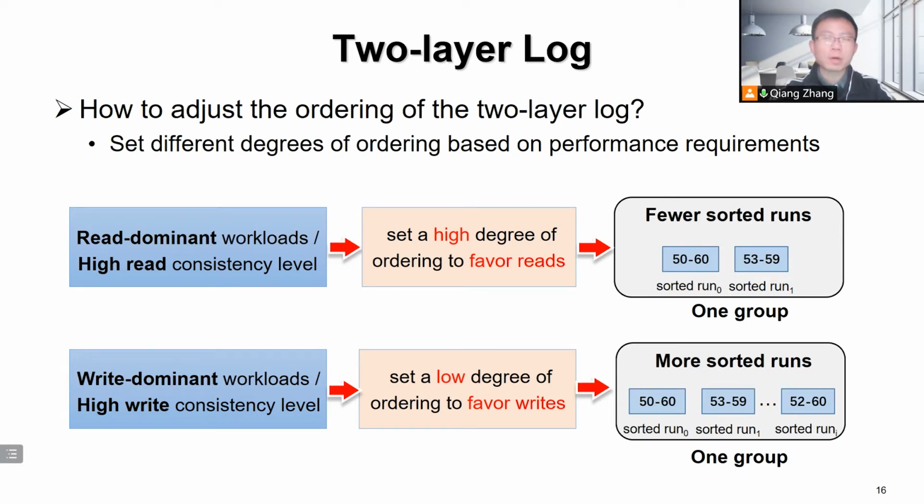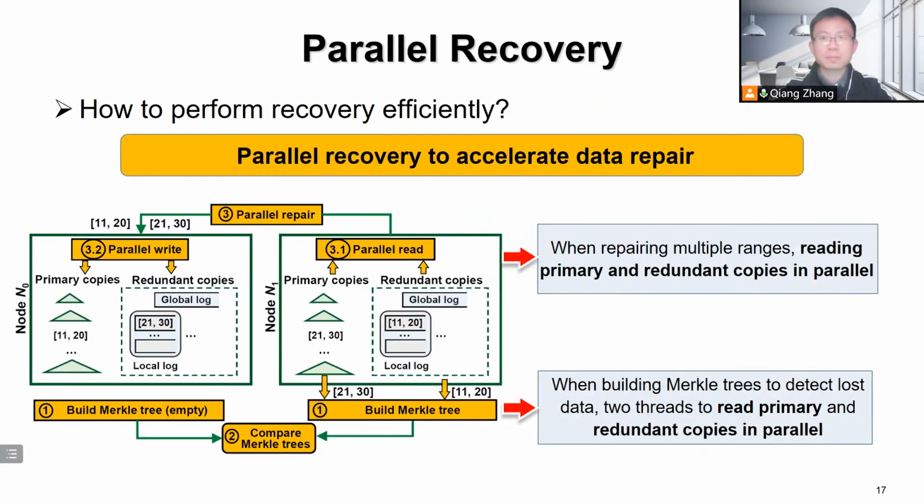To support a setting with a high read consistency level under read-dominant workloads, we should set a high degree of ordering with fewer sorted runs in the group to benefit reads. Otherwise, we should set a low degree of ordering with more sorted runs in the group to benefit writes.